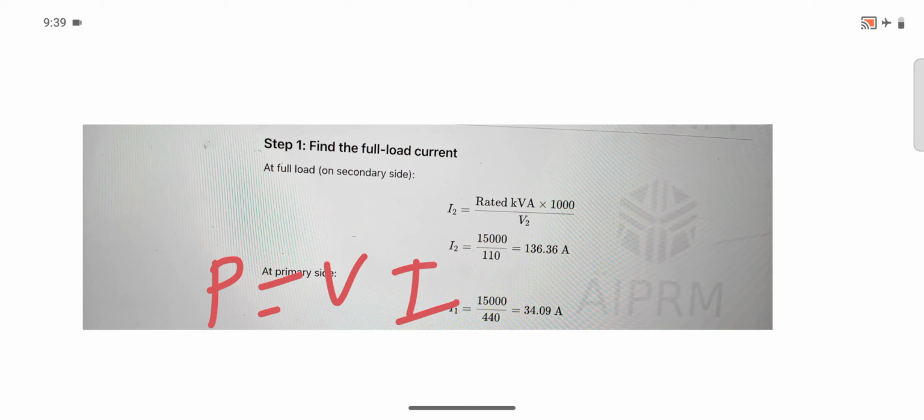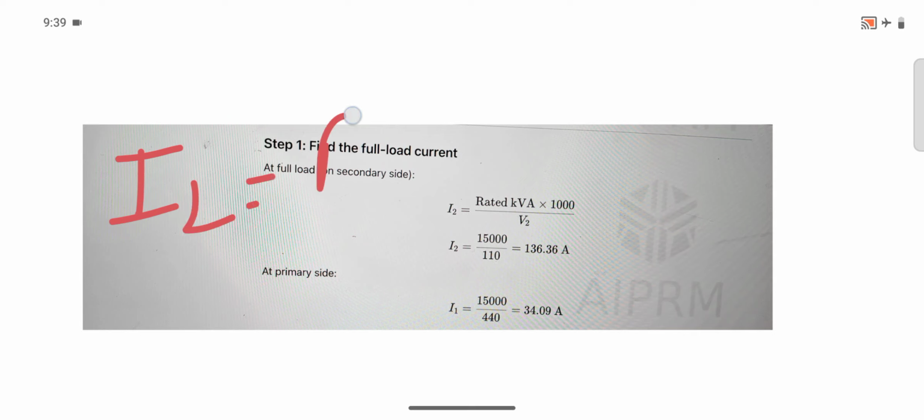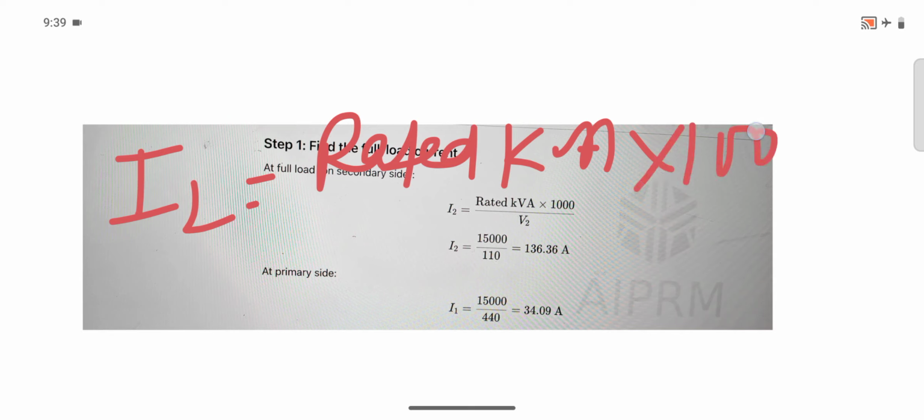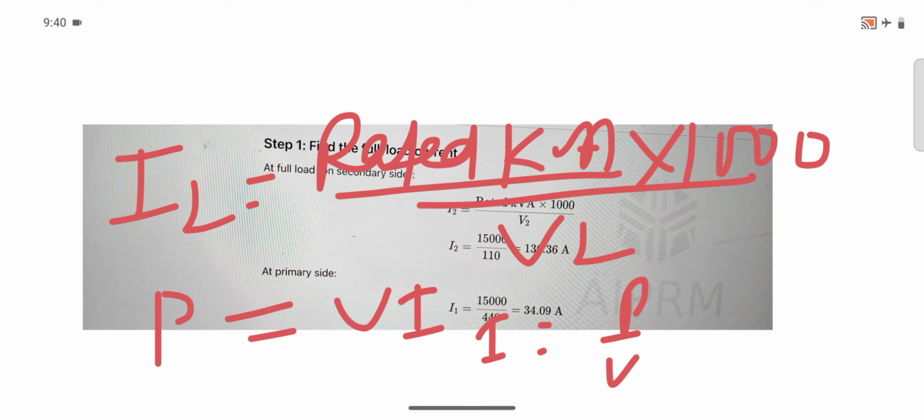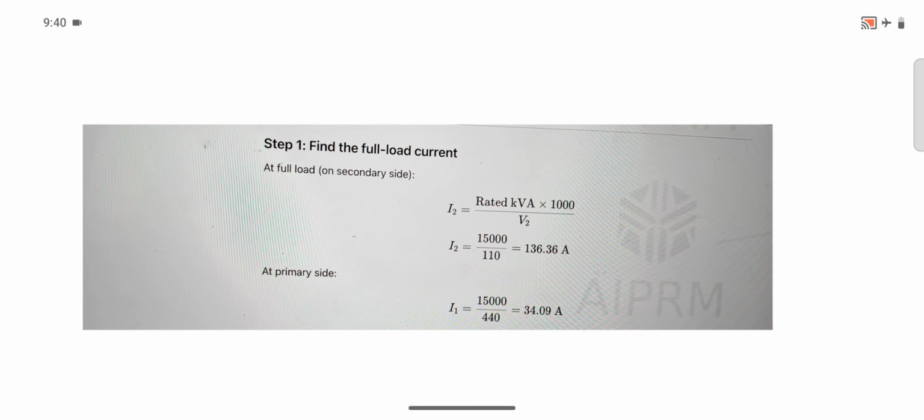Rating is given, voltage is given, so we can easily calculate I2, which is equal to rated kilovolt ampere, converted into volt ampere by multiplying by 1000, divided by voltage. Power is VI, then I is equal to power by V. So the value of I2 is 136.36 ampere.